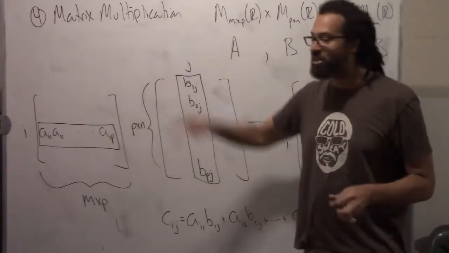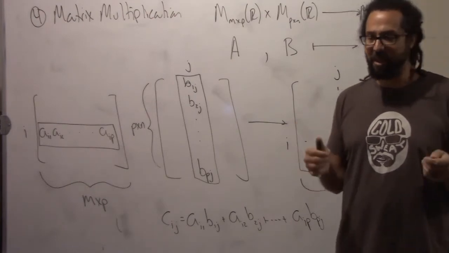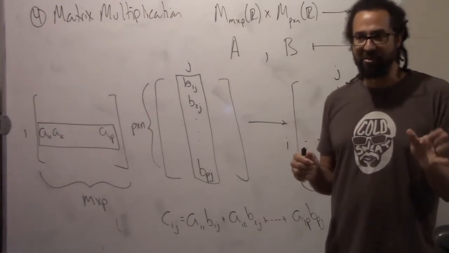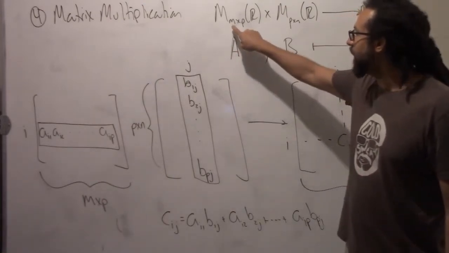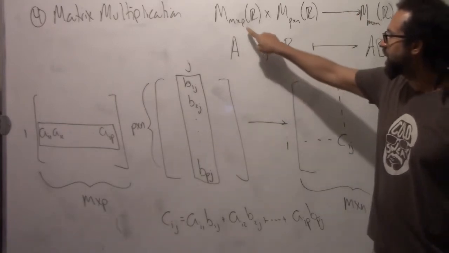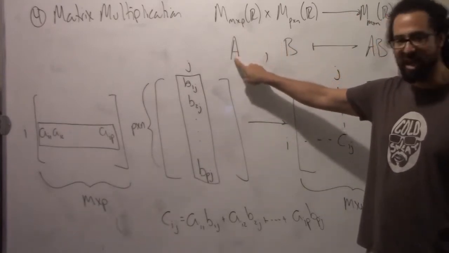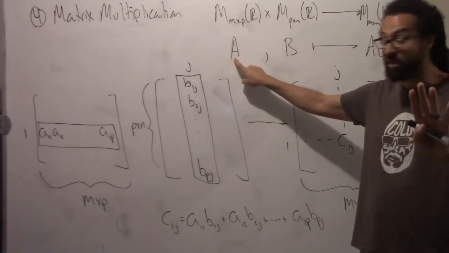So now we want to define matrix multiplication, and here you need to be really careful about the sizes of the matrices. When you multiply two matrices, order does matter. Matrix multiplication is not commutative, as we'll see.